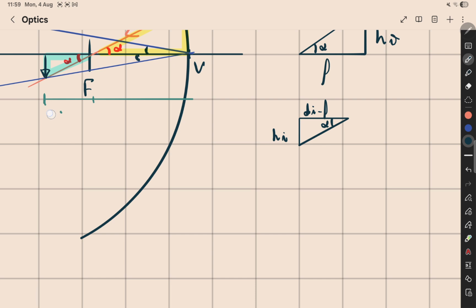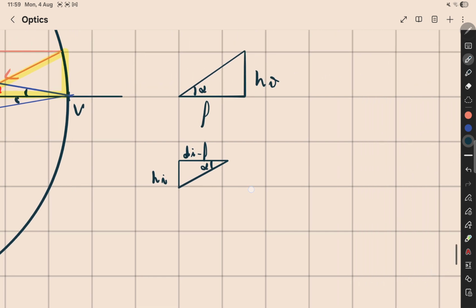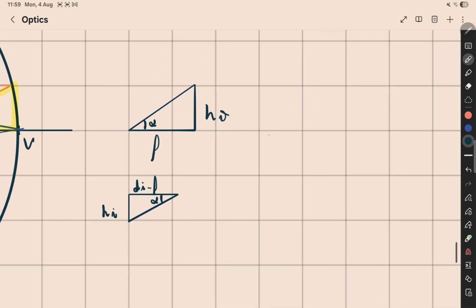Now we have the two triangles we need, and again we'll relate them with the tangent of alpha, because since they have alpha and 90 degrees, they are similar triangles. That means that they are actually the same triangle, just a scaled up version of the smaller triangle.